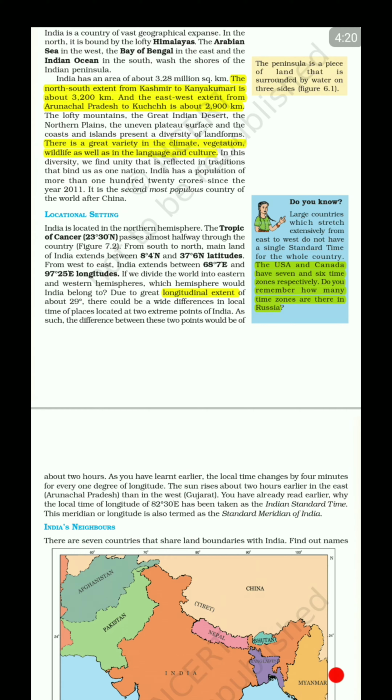And this is the standard meridian of India. And by the way, the USA and Canada have 7 and 6 time zones respectively, right? And as the question asks, how many time zones are there in Russia? Russia has 11 time zones, right?